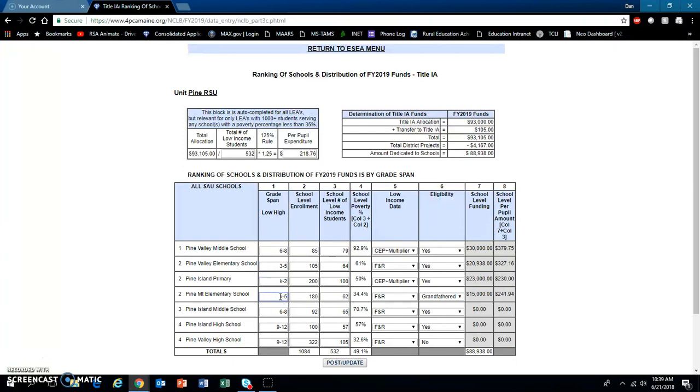And then we have Pine Mount, which is actually a 3-6 school. So once we make those changes, we will post an update.